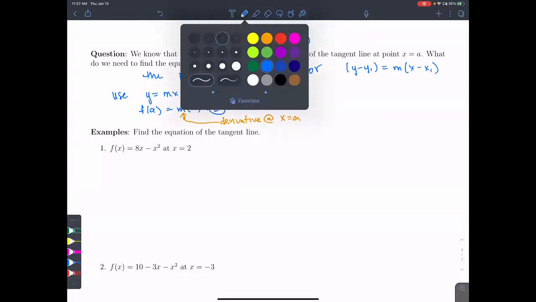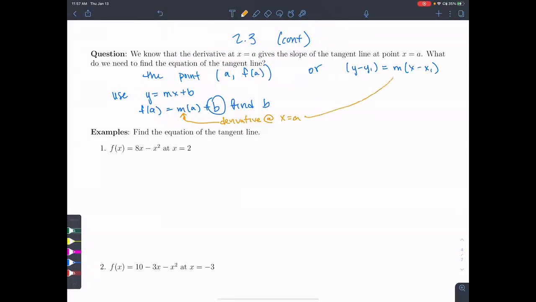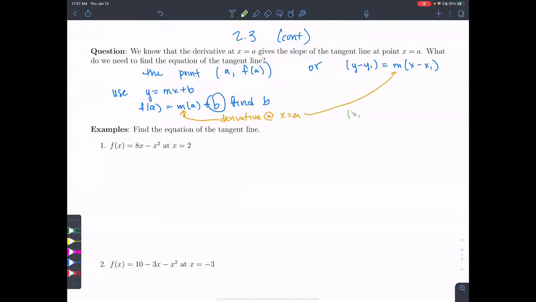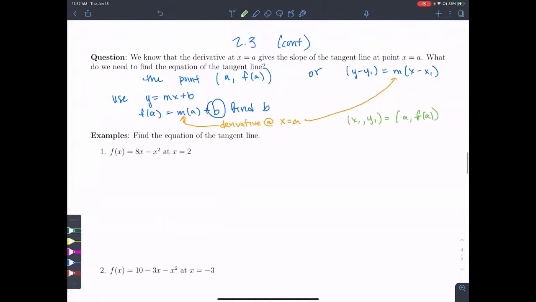So m is still your derivative, and x1, y1 is equal to a, f of a. So you would plug in, like y minus f of a equals m times x minus a. And then you have an equation for that line, solve for y.